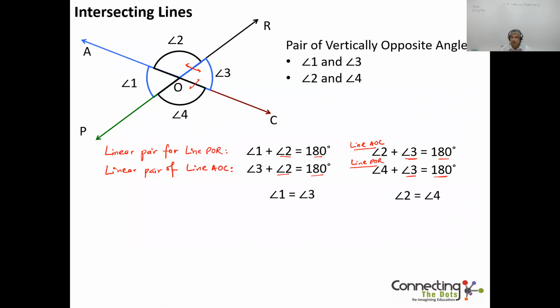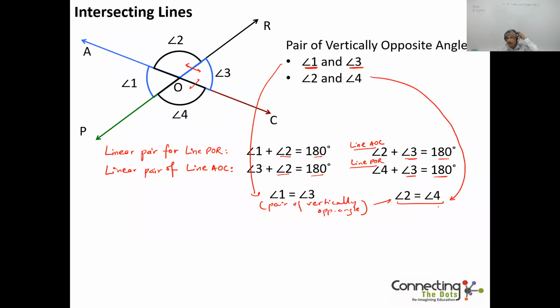But what were 1 and 3, and 2 and 4? See, 1 and 3 are here. They were the first pair of vertically opposite angles. And same here, this was the second pair.